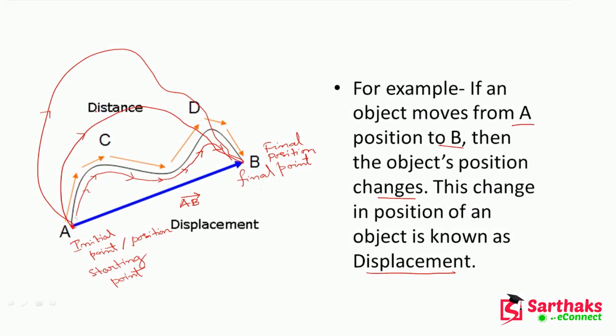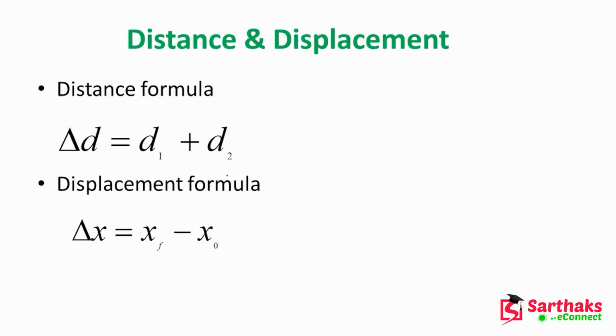That is not displacement. Here, the shortest distance between point A and point B, that is the straight line, right? So this vector from A to B is the displacement.